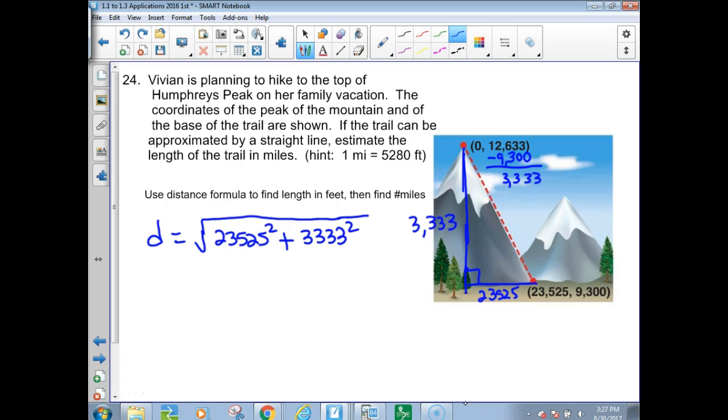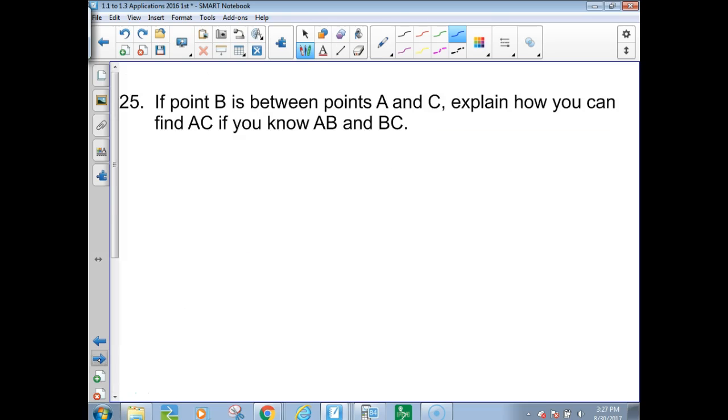Okay, and these are in feet. I would have to do this in the calculator. I don't want to waste a bunch of time on that, but that is what you would need to finish doing. And then you would have to convert it to miles, but I can show you that later.